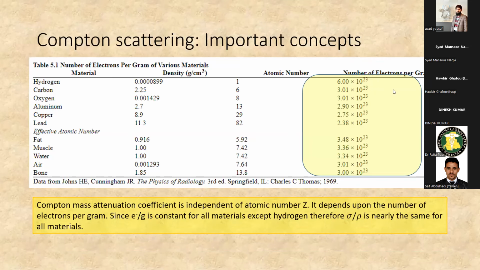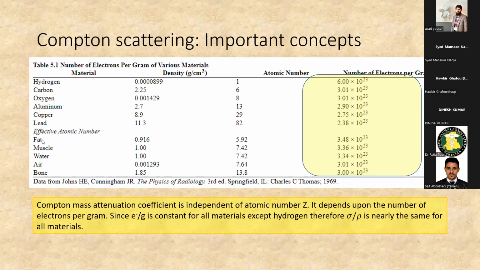Now let's talk about the importance of the Compton effect. It is the dominant effect in radiotherapy, whereas the photoelectric effect is dominant in the kilovoltage range. So this concept is important in radiology.